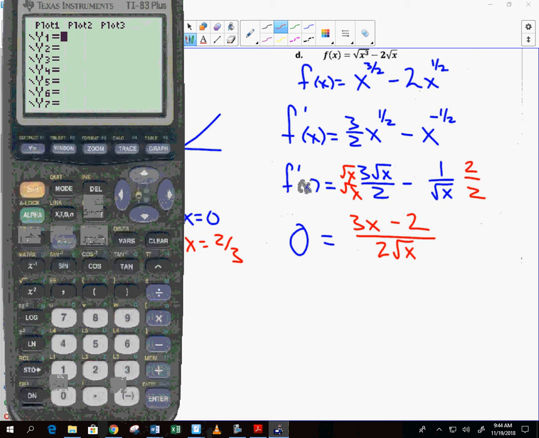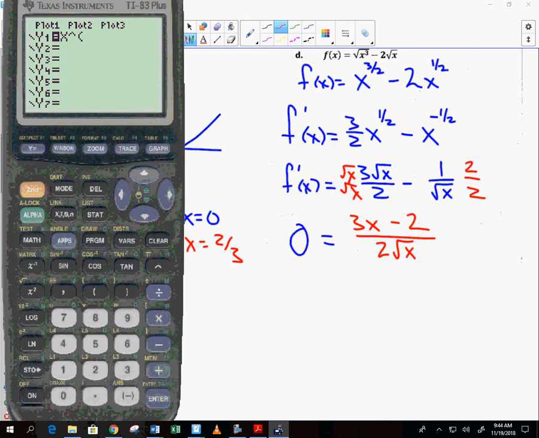I'm going to look at x raised to the 3/2 power minus 2x raised to the 1/2 power. Zoom 6. Does it look like you might not be able to take the derivative at 0? And if you take the derivative at 2/3, you get 0? Let's zoom as a box and see even better.